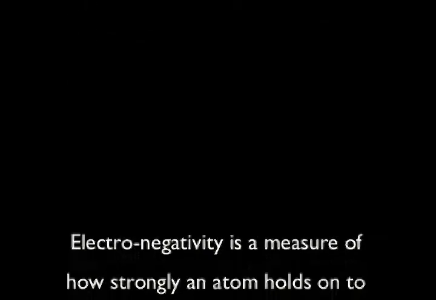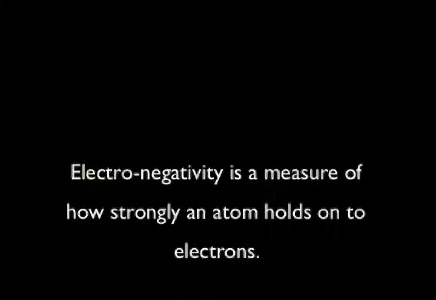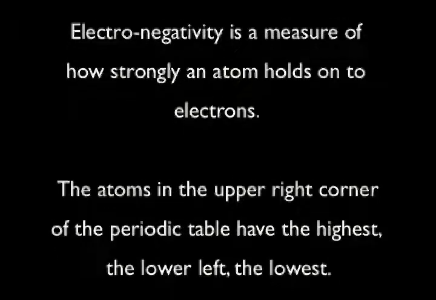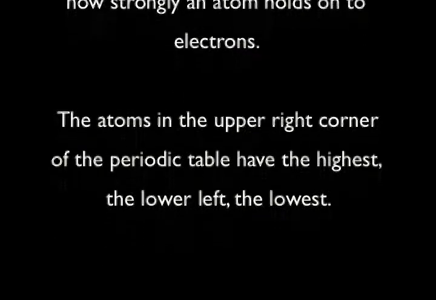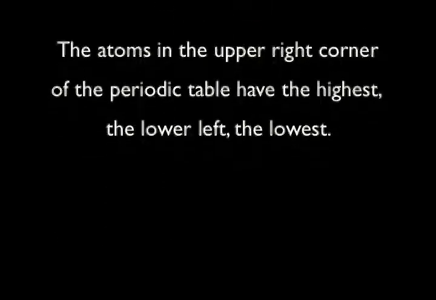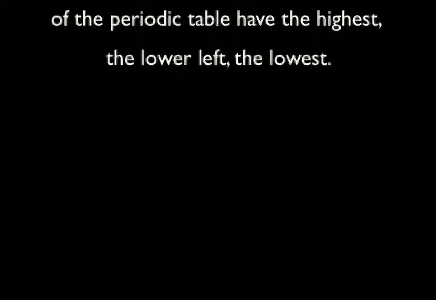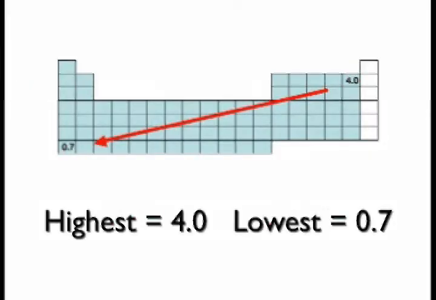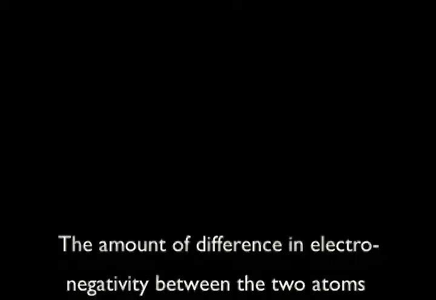To look at this, we need to consider electronegativity, which is a measure of how strongly an atom holds on to electrons. The atoms in the upper right-hand corner of the periodic table have the highest, the lower left the lowest. Here we show fluorine with a 4.0 as the highest in electronegativity, and the lower left-hand corner elements being the lowest.